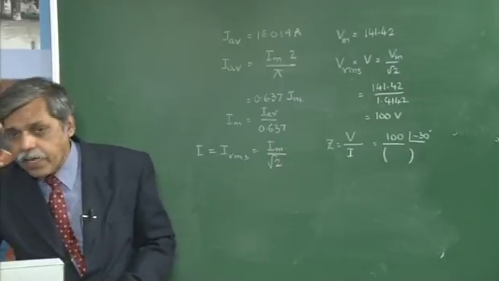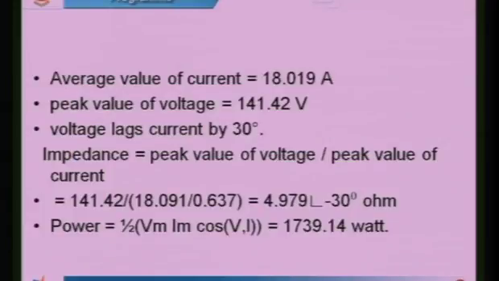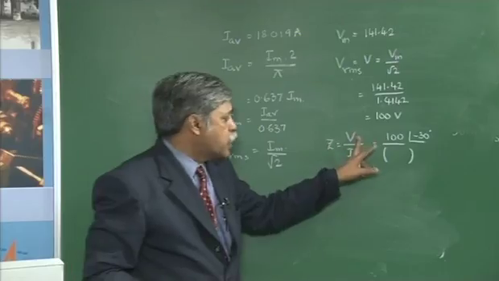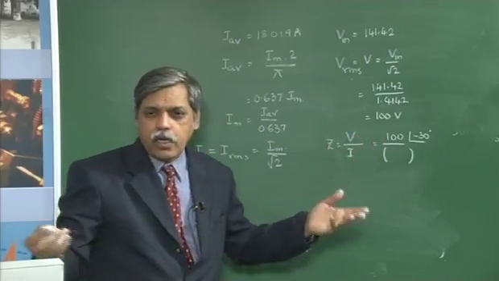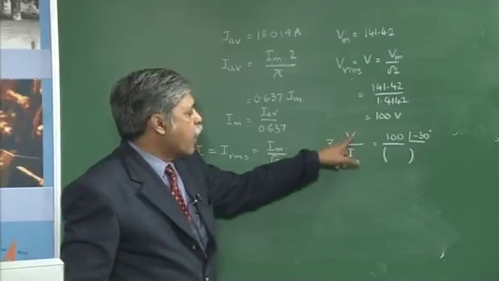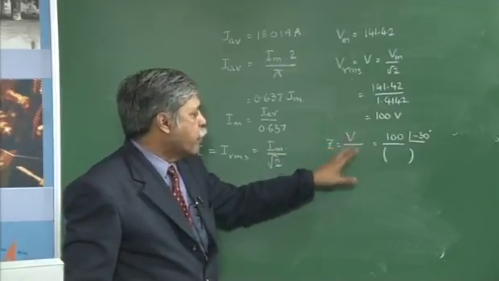Now if I see the current value, the RMS value comes to be... of course, the solution I have done, I am showing you in terms of the peak value. So if the numerator is peak, the denominator is also peak, it is one and the same, because the RMS value of the voltage is peak value divided by root 2.